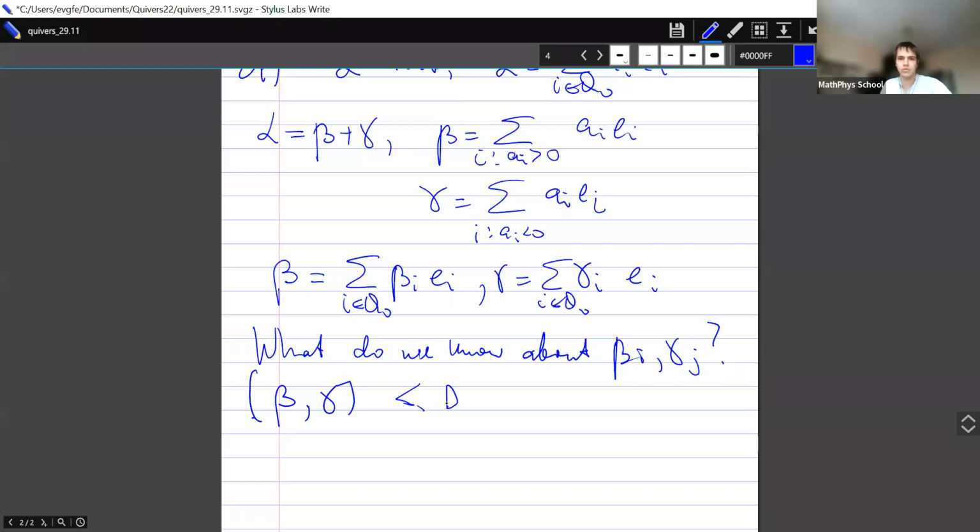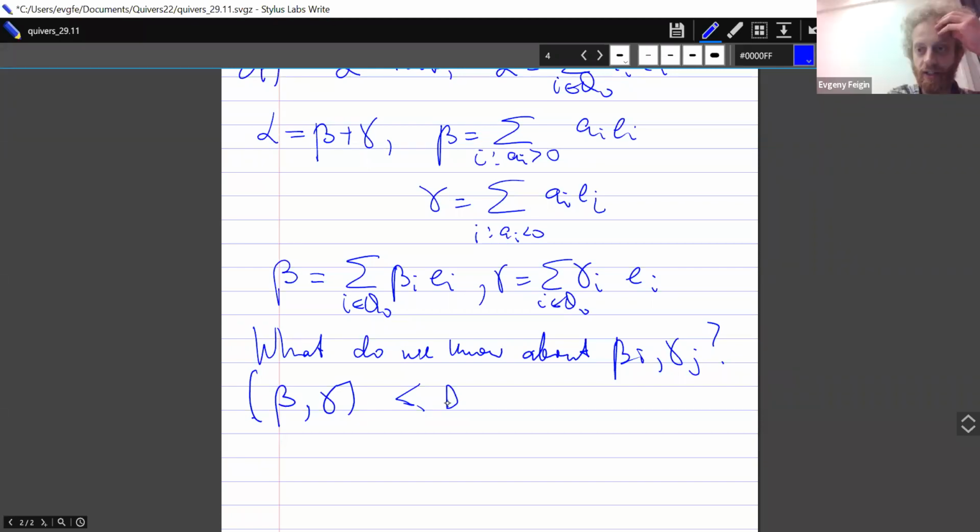I suppose we should write it more explicitly using the fact that components of beta are positive and components of gamma are negative. Yes. Then products are negative, but it is a bit not evident how products between e_i work.